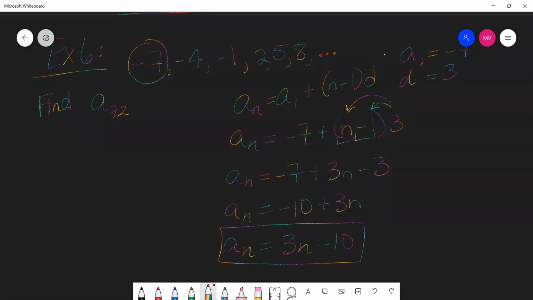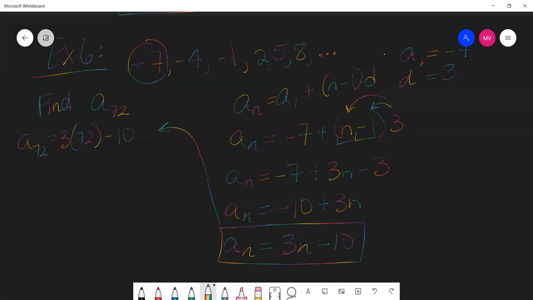So now we are being asked to find the term at position 72. So I'm going to take this explicit formula and put it up here and say that A at position 72 equals 3 times n, which is 72, minus 10.